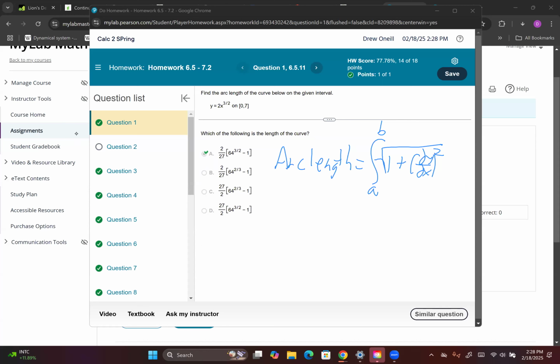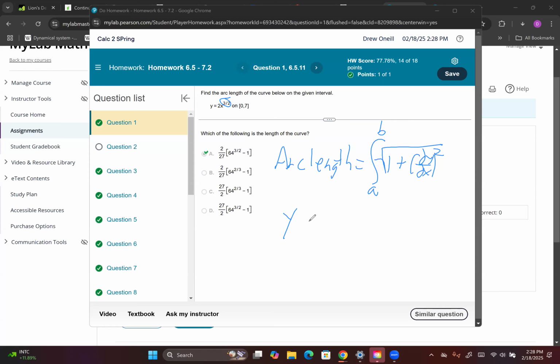So we have our function y in this example, and you might notice that we have fractional exponents. Typically, we're going to be dealing with exponents that are going to give us trouble, right?